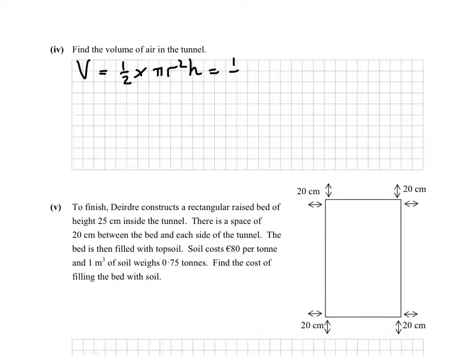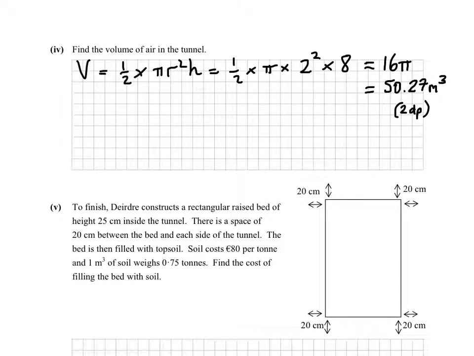So the radius was 2, the length of it, as the height of the cylinder as such, is 8. So we want half of pi times 2 squared times by 8, which is 16 pi, which to 2 decimal places is 50.27 meters cubed. Don't forget, volume is a 3-dimensional measurement, so it's meters cubed for your unit.